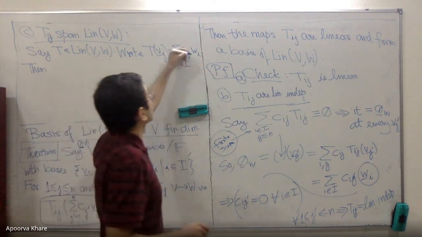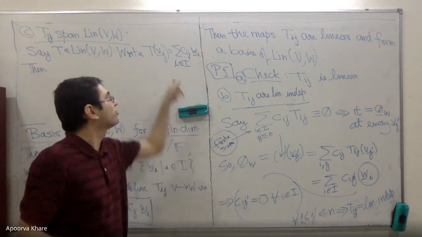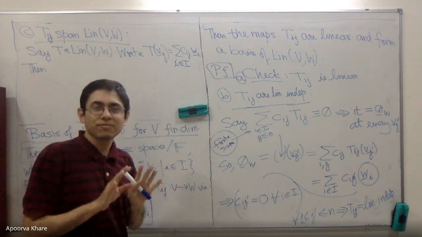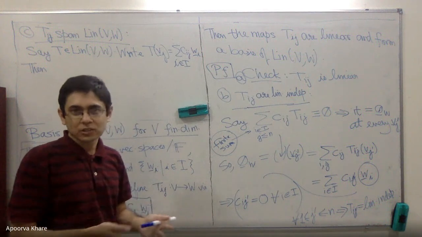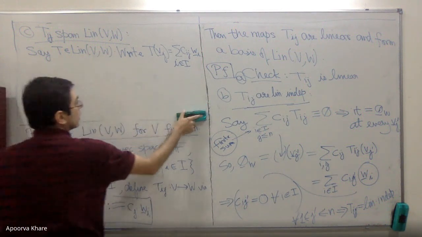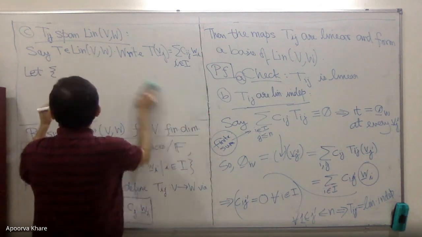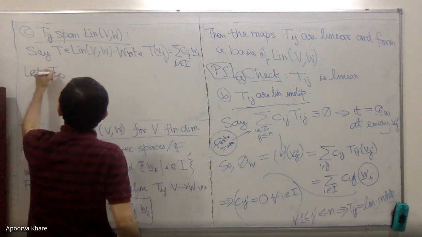Right? So therefore, when I take all of those finitely many Wi for finitely many j's, that is still a finite set. And that's all I care about. So maybe I should define something. Let's call it I naught.